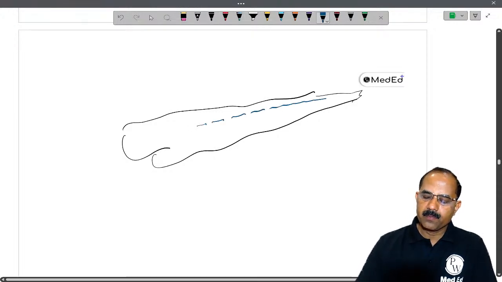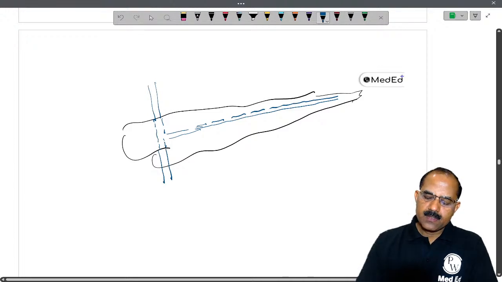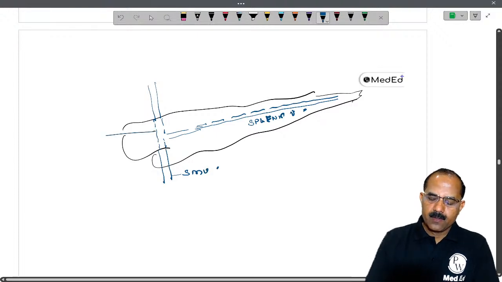Behind the body of the pancreas. ये कौन सी vein है बोल सकते हो? Which is this vein? This is the splenic vein, and that's the superior mesenteric vein. This is the portal vein. Where is the portal vein formed?